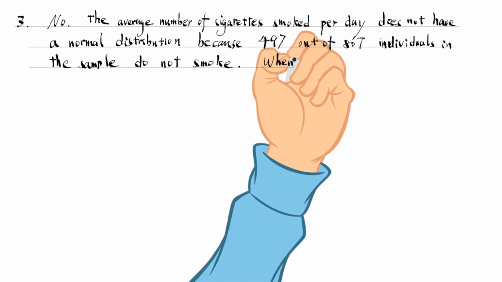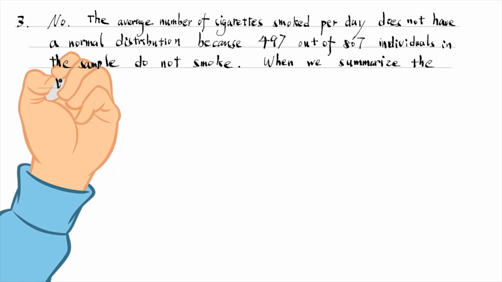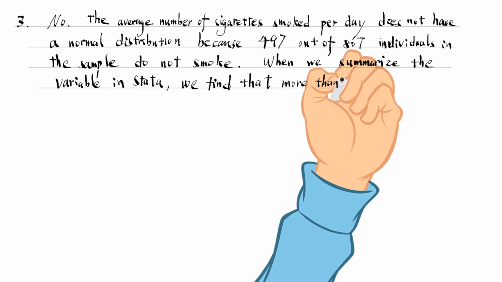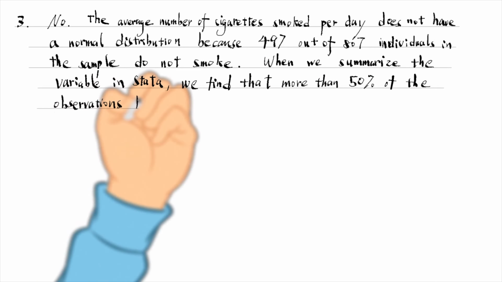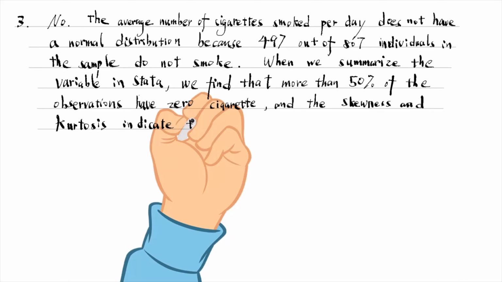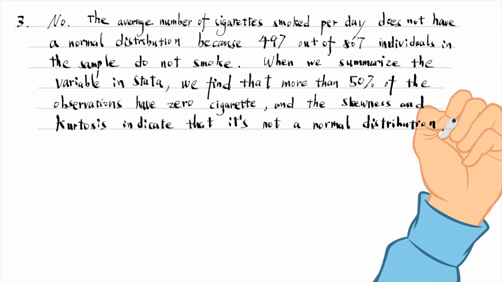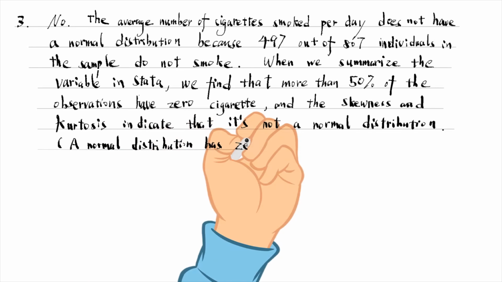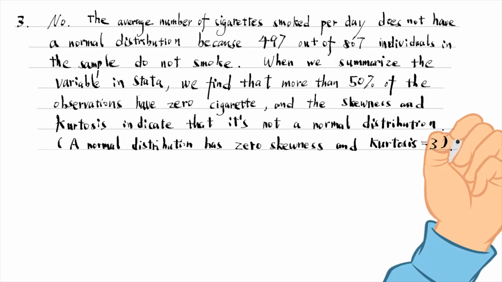When we summarize the variable in data, we find that more than 50% of the observations have 0 cigarettes. The skewness and kurtosis indicate that it is not a normal distribution. We know that a normal distribution has 0 skewness and its kurtosis equals 3.